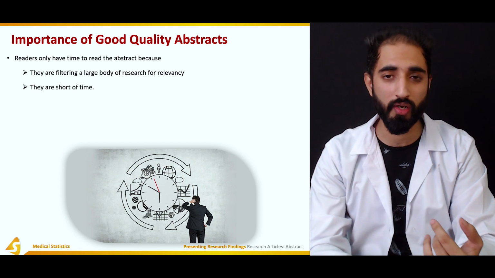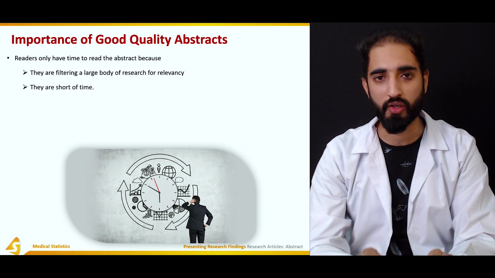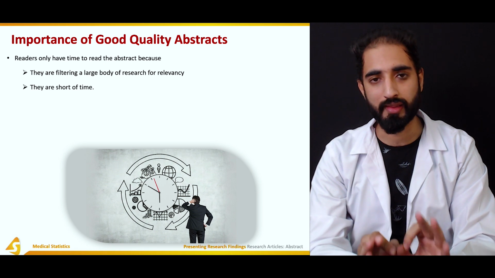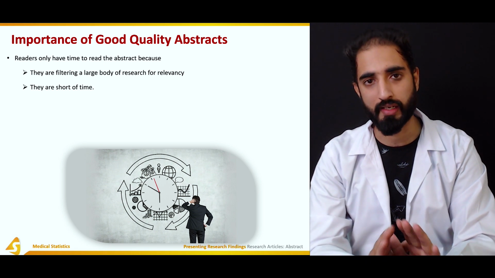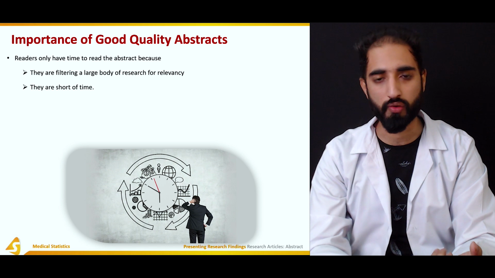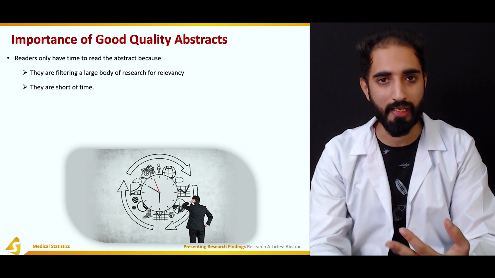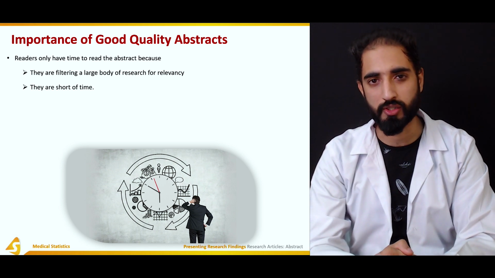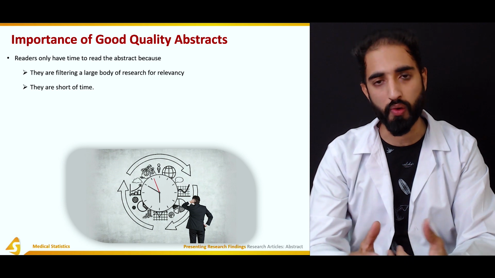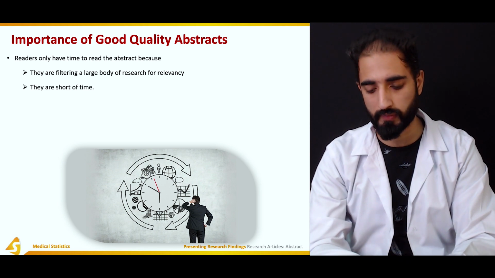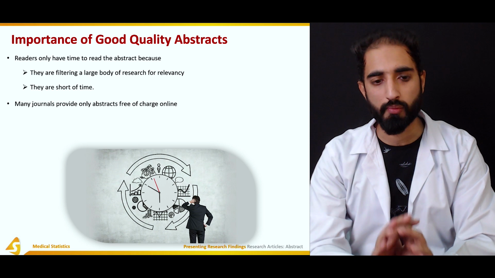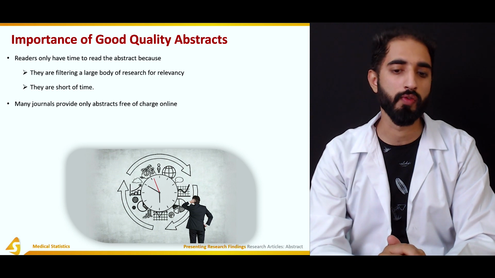If the abstract is poorly written, then obviously they are not going to be interested in that research or article, and they are not going to read it or cite it, and then your research does not get the following that it should have gotten. Many journals provide only abstracts free of charge online.